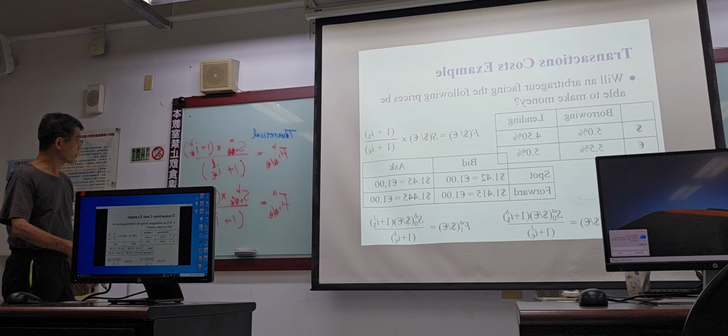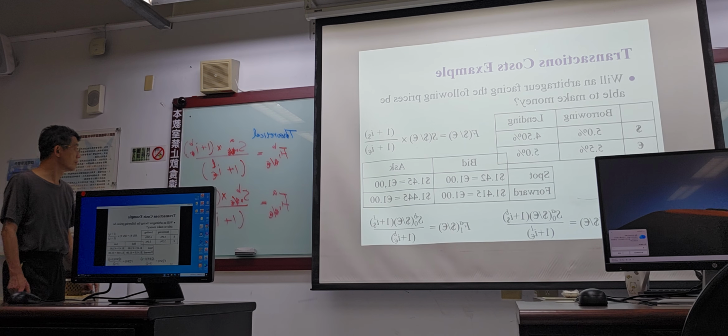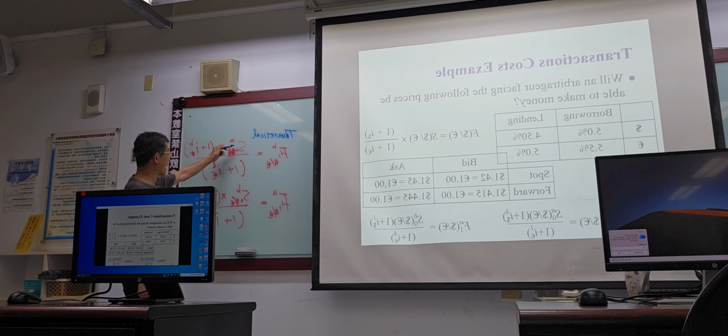Okay, put up your hand. And let's make a comparison. This is spot ask. This is spot bid for euro. Which one is bigger? Of course, ask is bigger than bid, right? So this is big. This is small.